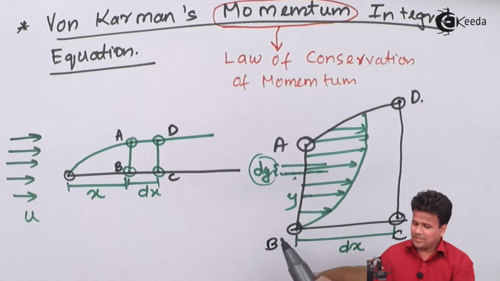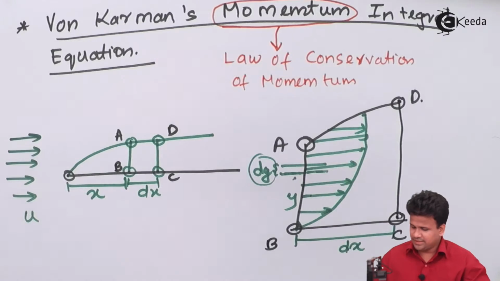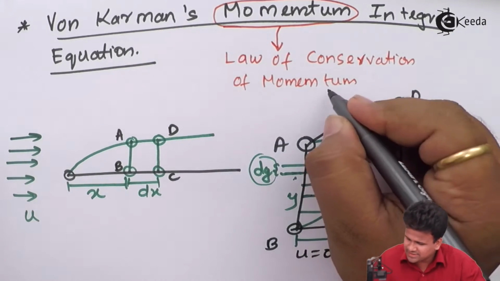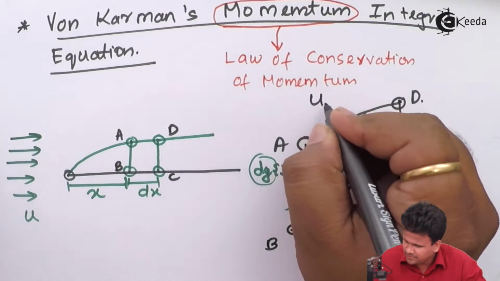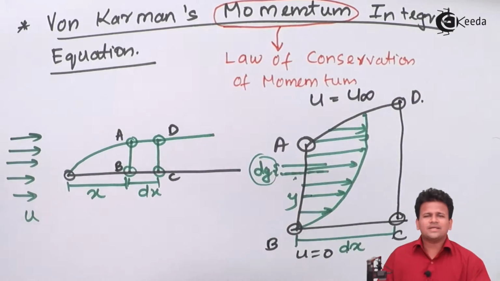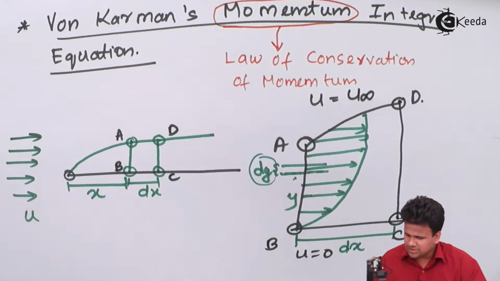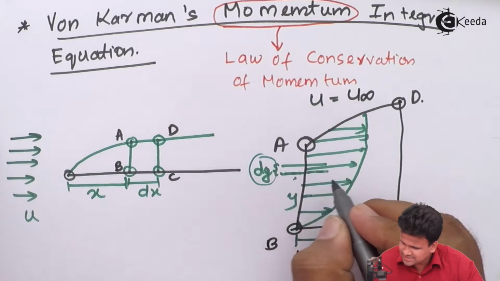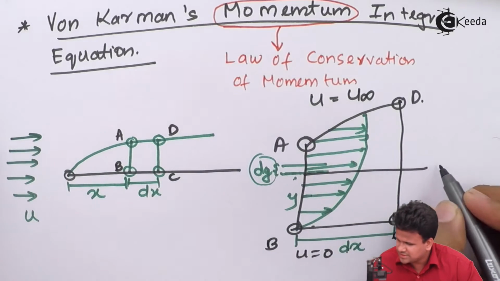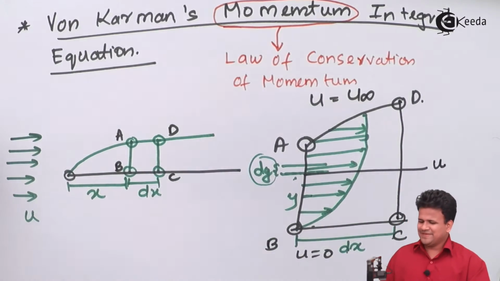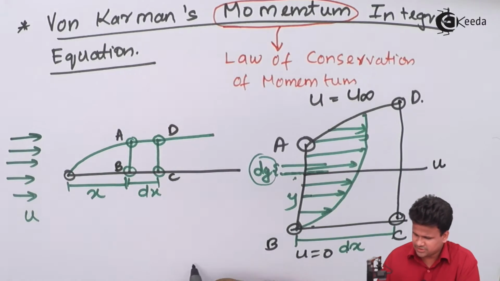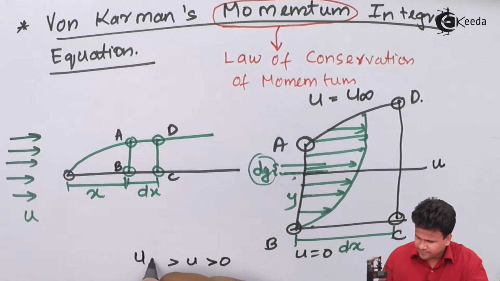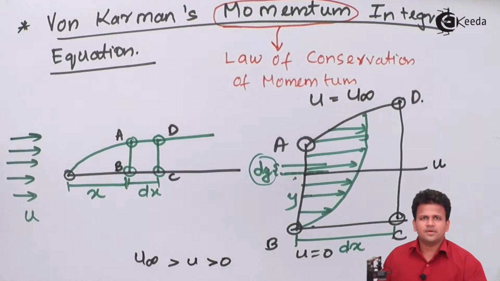Now here we can already see there is a velocity gradient. At y equals 0, u will be equal to 0, and at y equals delta or beyond that, u will be equal to u infinity, which is also called the free stream velocity. Now at y equals some value here, let us consider the velocity as small u, which is greater than 0 but less than the free stream velocity.